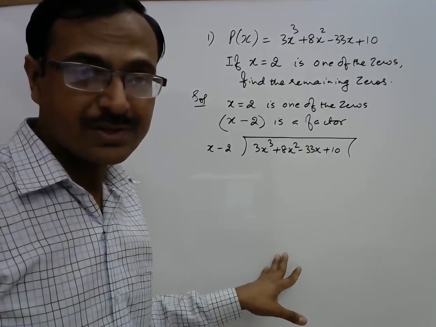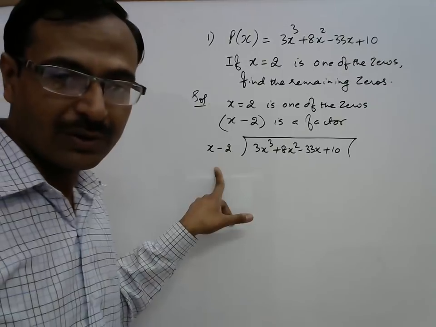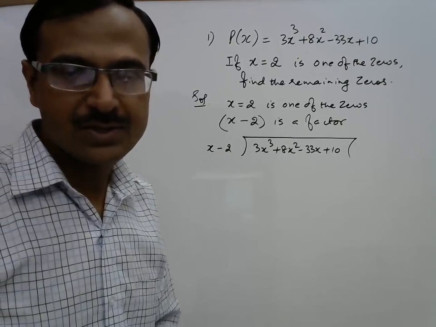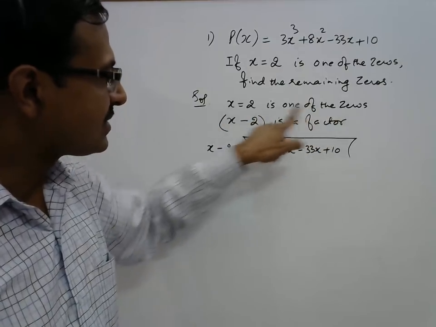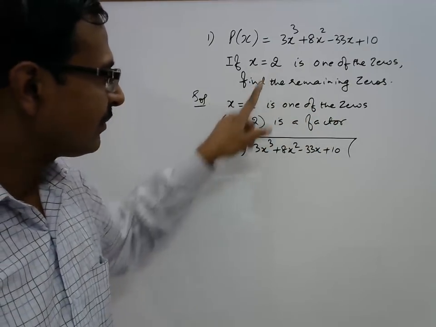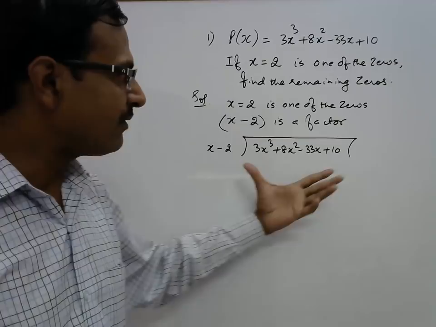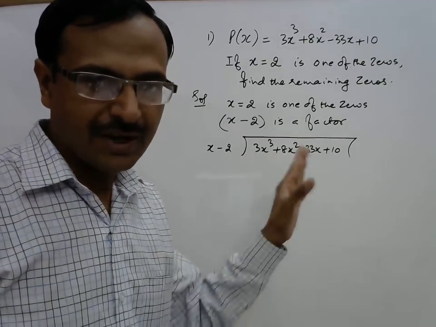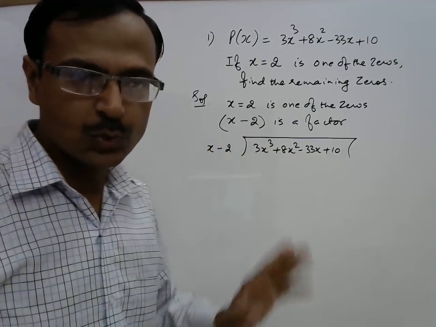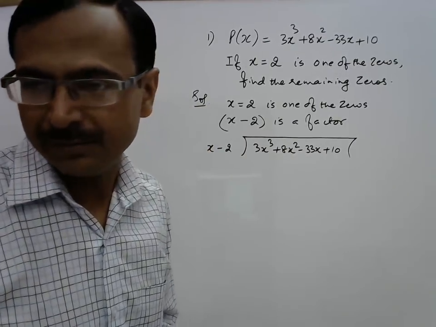If the remainder is not 0, then your factor is wrong. This is a checkpoint in this question. Whenever you find a factor using the zero given in the question, this factor is correct only when on division the remainder comes out to be 0. Now I am dividing this polynomial with x minus 2, so I don't need to explain the division part.